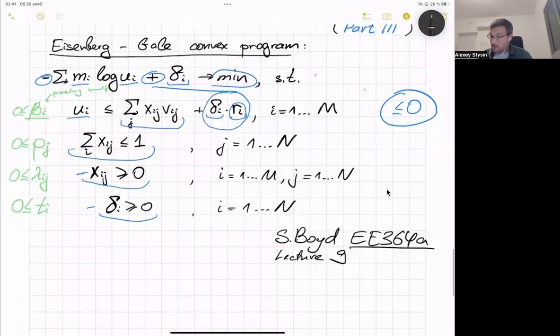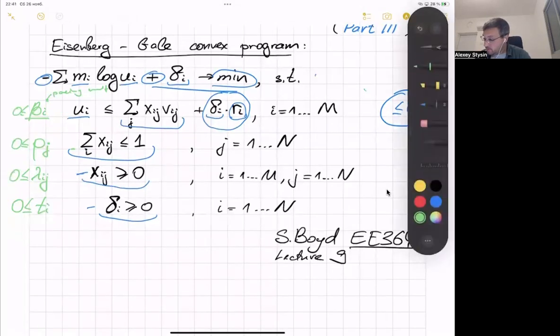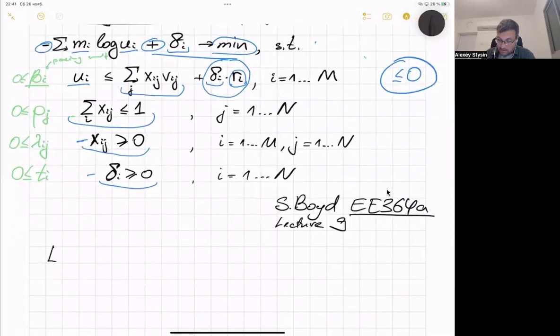So now we can write the Lagrangian. Let's try to do this. The Lagrangian would be the objective function, sum over i of log of u_i plus delta i, in the brackets.